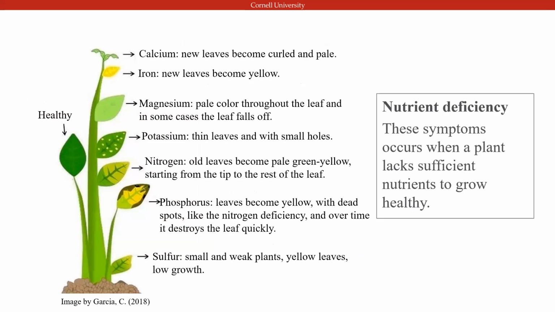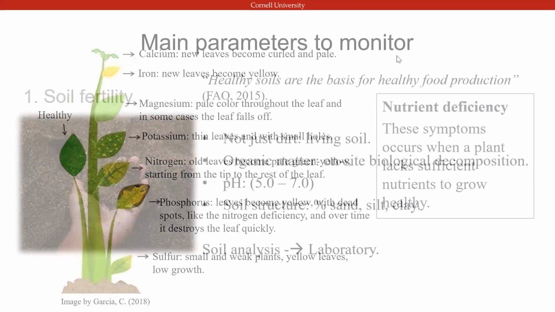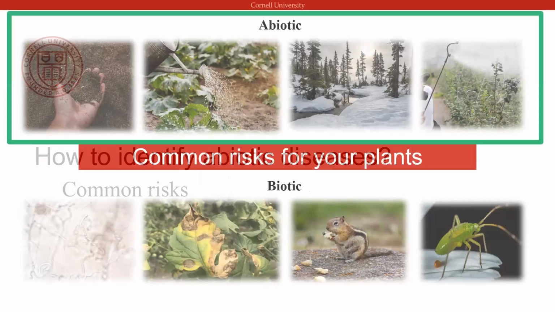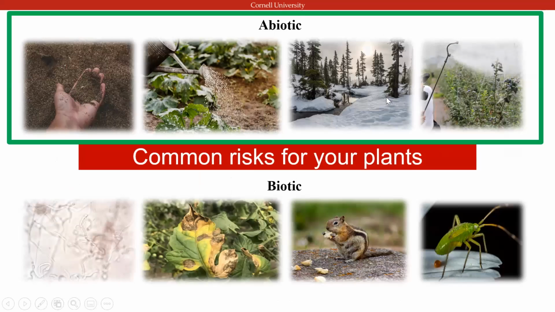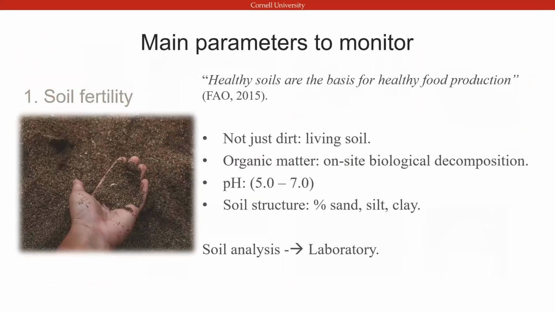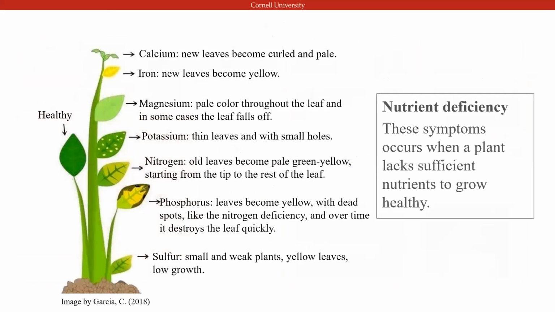So when they start growing, like we saw before, and in the example here, like this deficiency, this is the way the plant tries to express, to tell us that something is happening and that it is not the ideal environment or the ideal conditions of the soil.